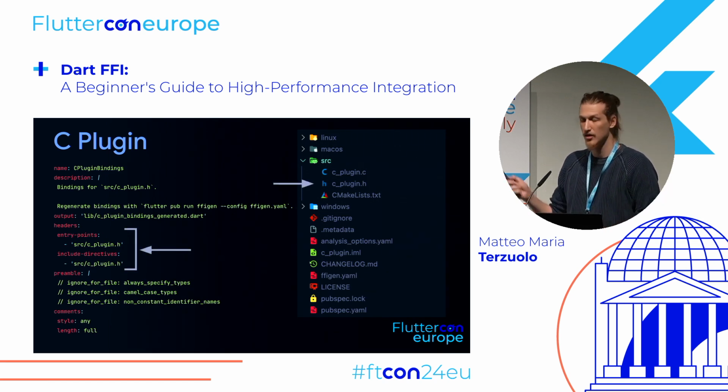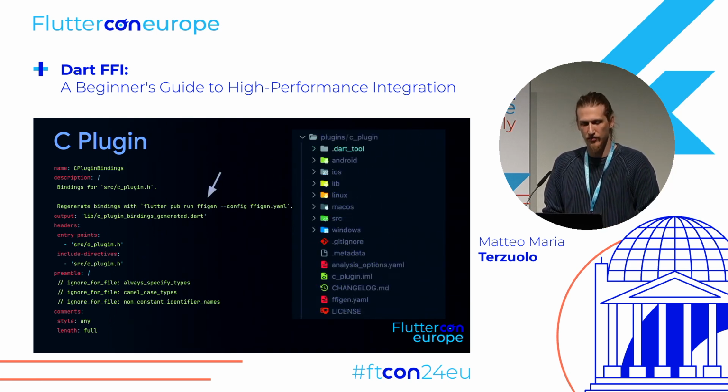So as you can see, there's the entry points label, to tell FFIGen where to get the signatures of our methods. And then we run that command to generate the Dart files.